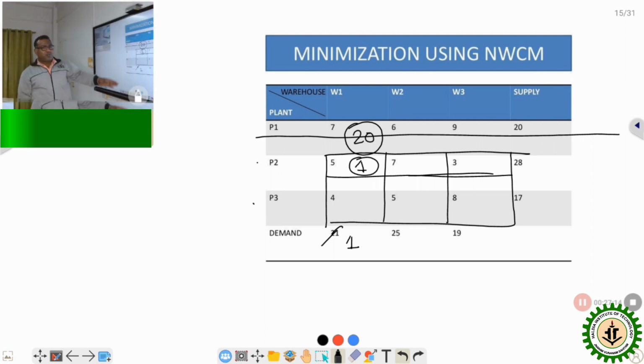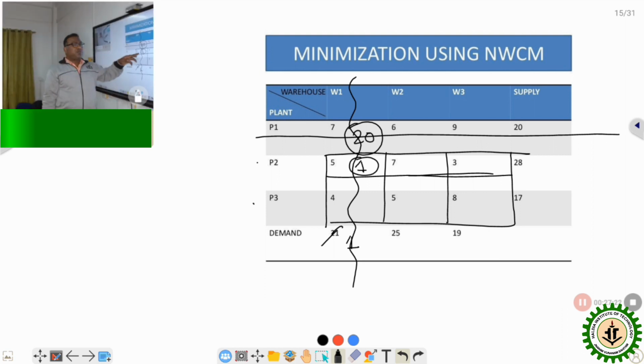So when you transport 1 unit here, you have fulfilled the demand of the warehouse 1. But as you transported 1 unit here, the plant 2 has now 27 unit left in their plant. So now you can see this is a 2 cross 2 order matrix and this is our northwest corner.